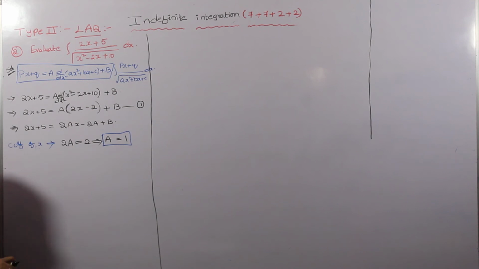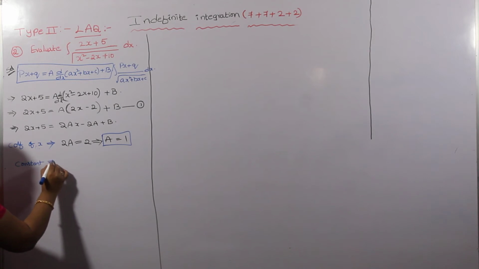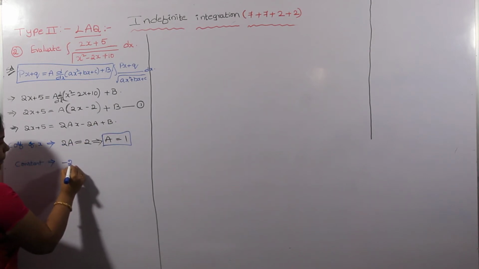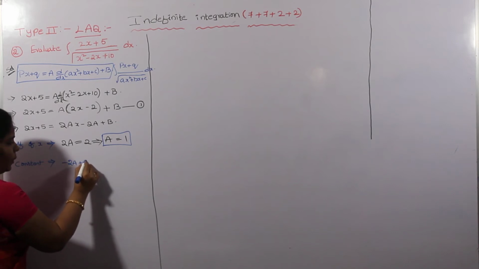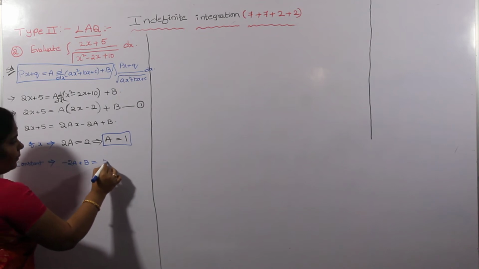Next, comparing the constants on both sides. What are the constants? This side constant is minus 2A plus B, and this side constant is 5. So minus 2A plus B is equal to 5.